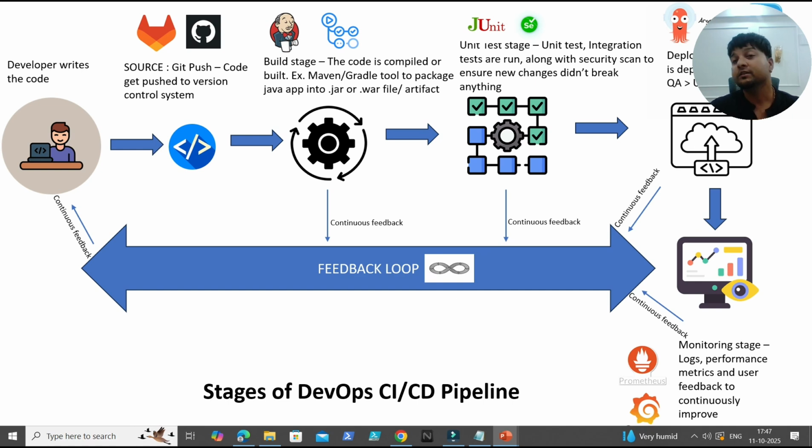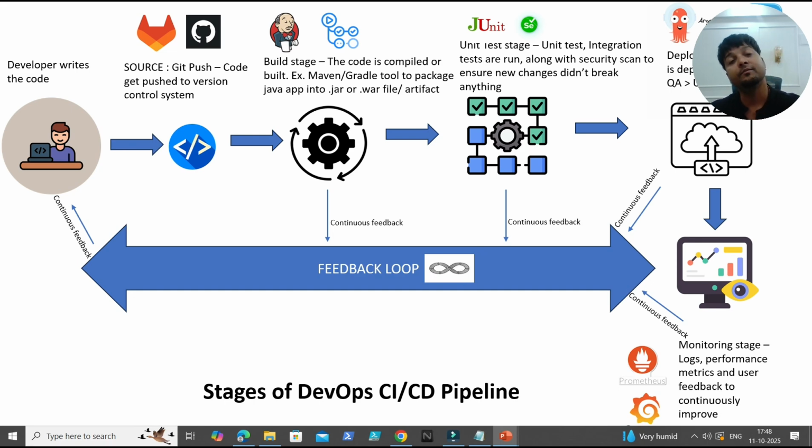This is the stage where unit tests and integration tests are done, along with sometimes a security scan like Sonar scan, to ensure new changes did not break anything and my application is working as expected. In case any issues are detected, there will automatically be continuous feedback given to the developers to fix these issues on a regular basis.